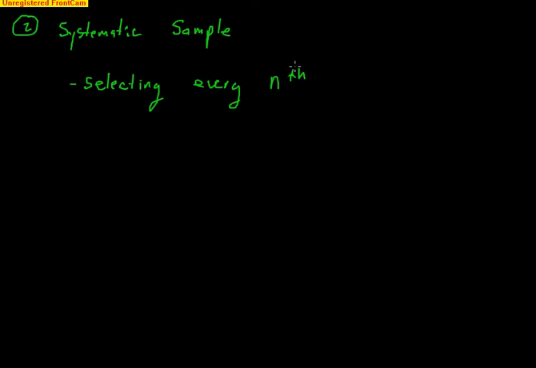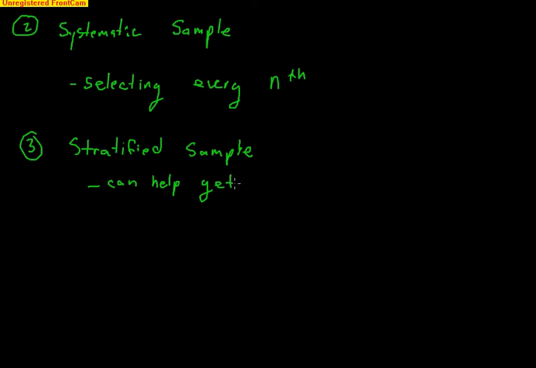Okay. The third method to select a good sample would be what we call a stratified sample. Now, the point of a stratified sample is that it can help get a good representative mix.